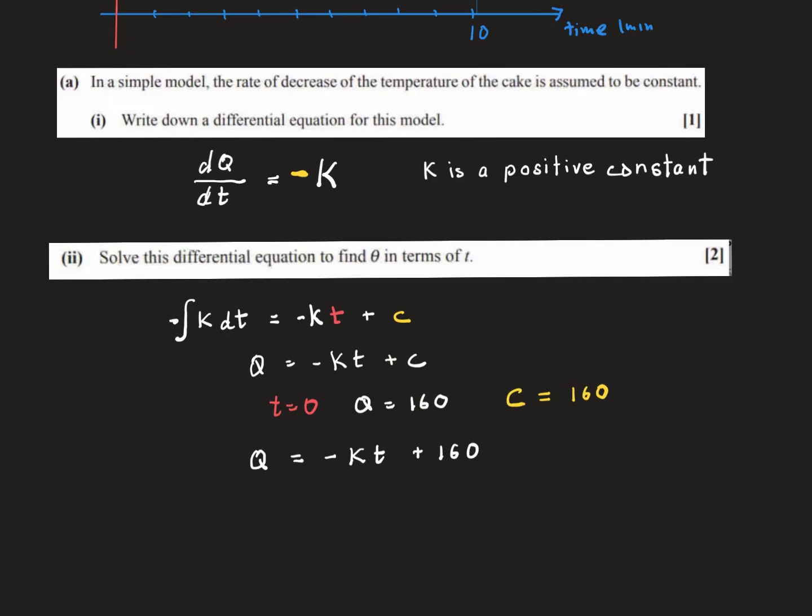And we also know that when time is 10 minutes, we know that our theta is equal to 125 degrees. So substituting that into our equation, we have 125, which is equal to minus k, t being 10, plus 160.